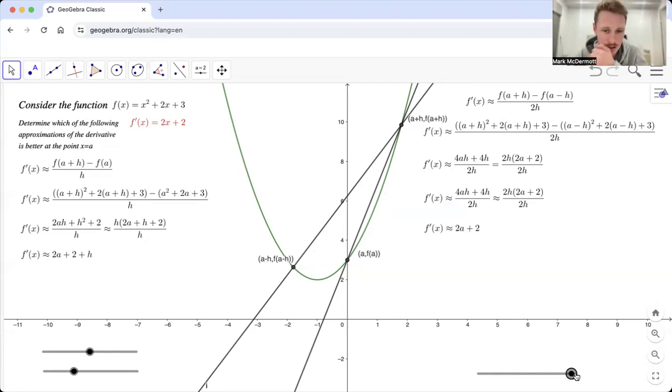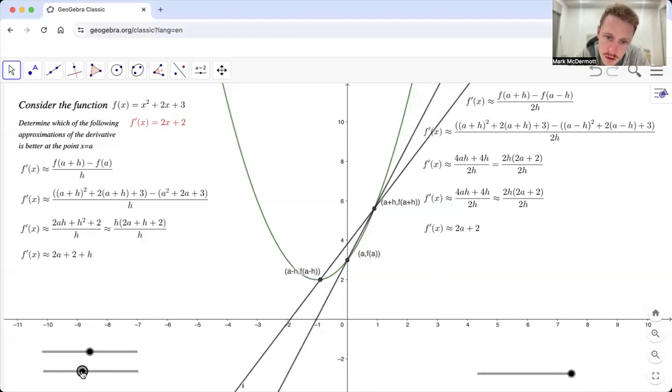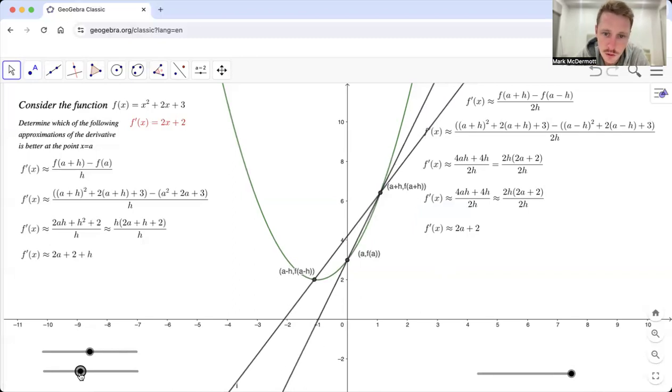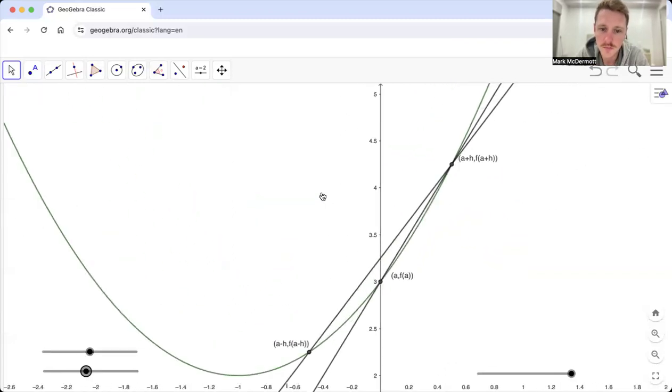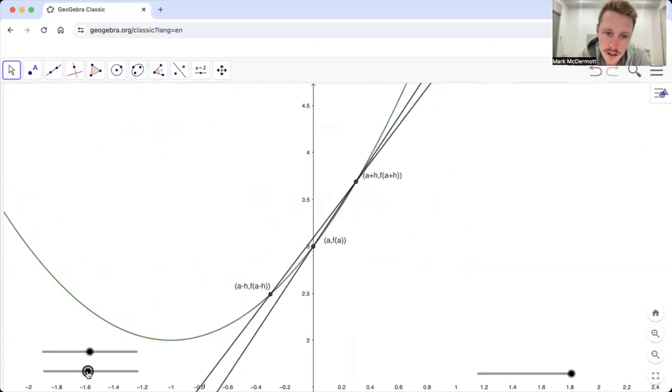Okay, so let's look at the diagram and see if we can see which one is better. If we change h to be small, so h is getting smaller and smaller, our question is, which line, this line or this line, is a better approximation of the gradient as h gets smaller? It's a bit hard to see, but if I zoom in, you might see that the line on the top is a better approximation of the gradient than the line underneath it, because the maths worked out that way.